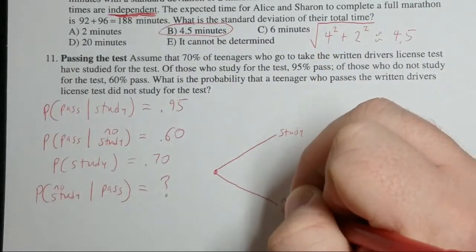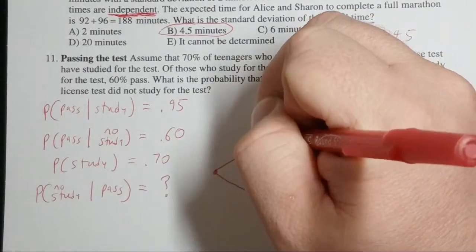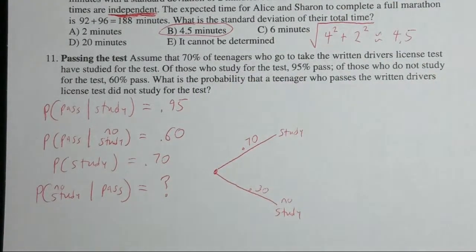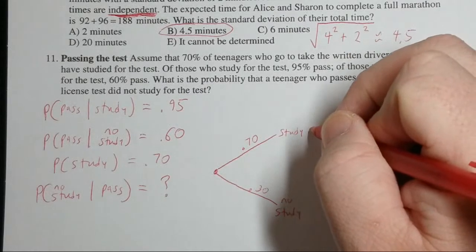As my AP students are fond of doing, this problem deserves a probability tree. First of all, we can split it into those who study and those who do not study. 70% study, which implies that 30% do not study. I'm going to go 3 decimals on this. Anyway.